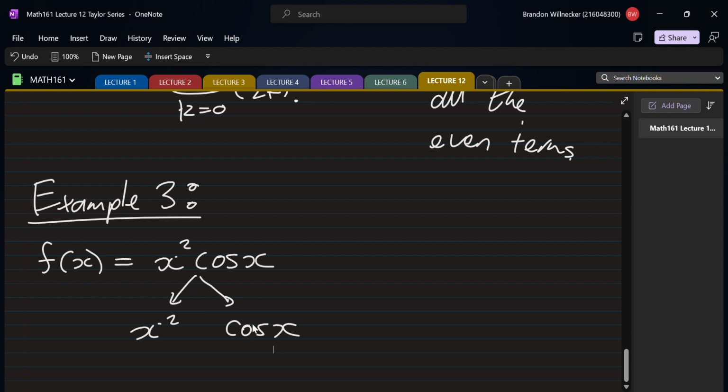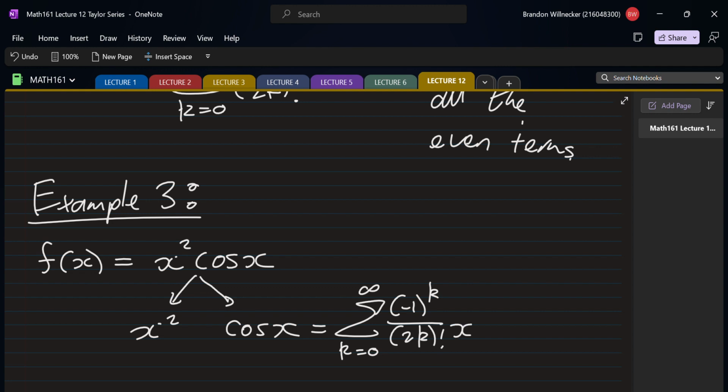We can find the Taylor series for cos, which we did in the previous step, so I'll just write it out: the sum from k equals 0 to infinity of minus 1 to the k, over 2k factorial, x to the 2k. So we know the Taylor series for cos, but here we've got the product of the two.